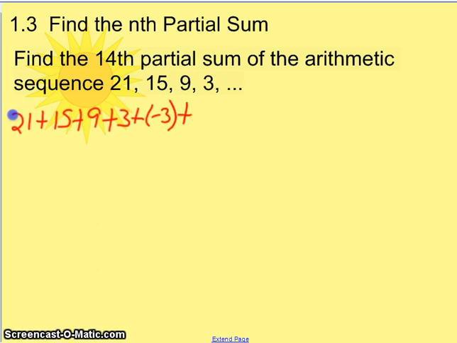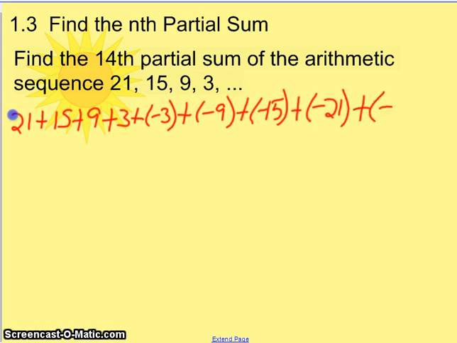And then negative 9, and then negative 15, that makes the 7th term. Then negative 21 makes the 8th term, and then negative 27 makes the 9th term.